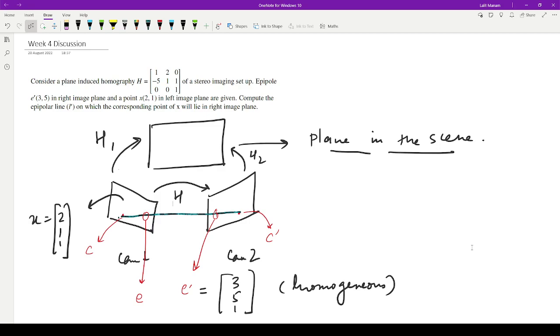What is an epipolar line in the first place? If you're clear about that, then this question is pretty simple. That's why I'm trying to draw diagrams here, so that if you visualize it, it's easy to remember.